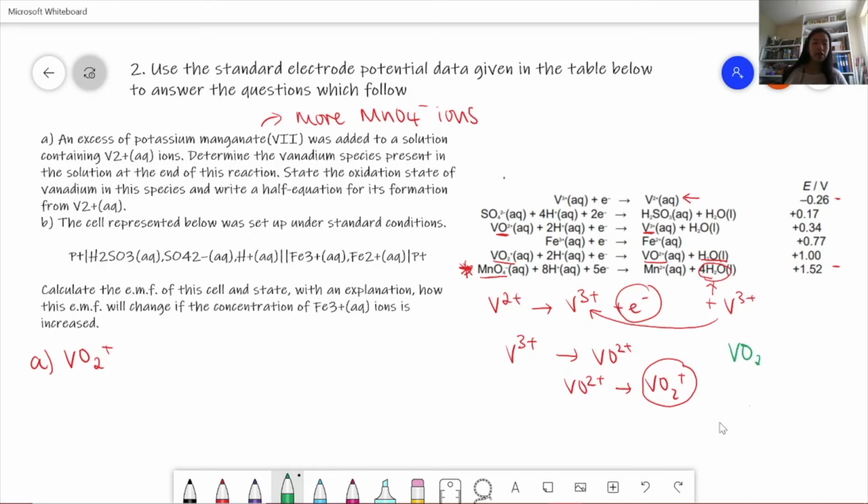So we have the VO2+ and oxygen is nearly always -2, as we've learned as one of the rules. So we have -2, and then we have 2 of the oxygens, so we have another -2. And then we have x - 2 = +1, because +1 is the overall charge. And so x is equal to +3. So the oxidation state of vanadium must be +3.